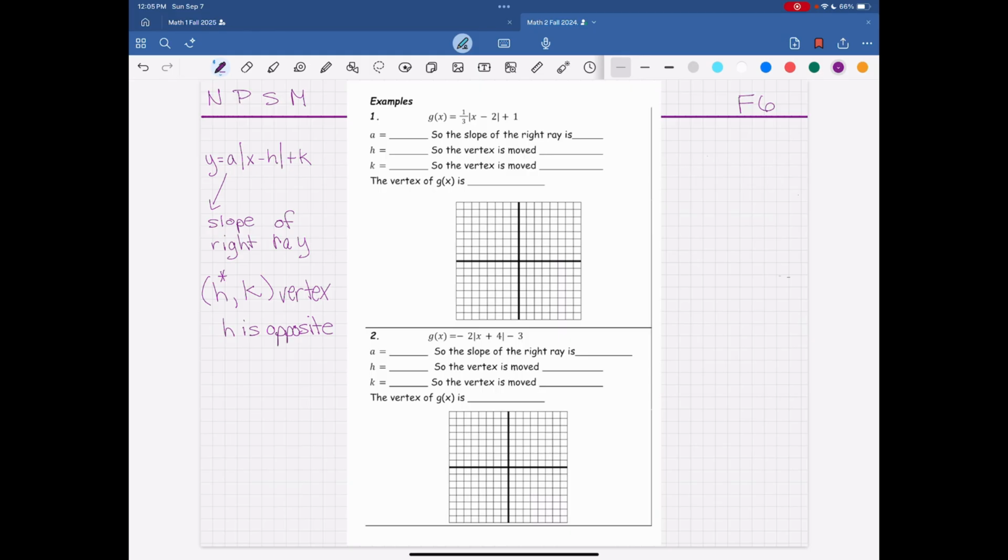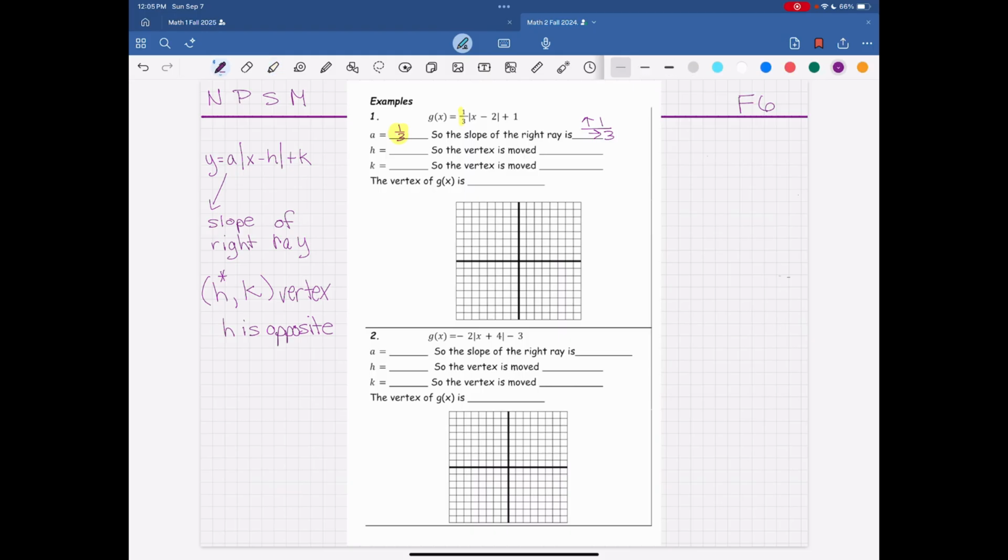G of x equals 1/3 absolute value of x minus 2 plus 1. When we look at this, we are looking for A, and in this situation, A is 1/3. So A is 1/3, so the slope of the right ray is up 1, right 3. And again, that is going to be your slope.